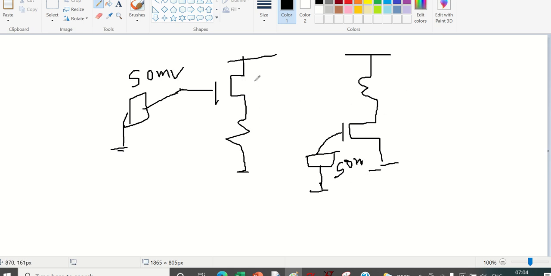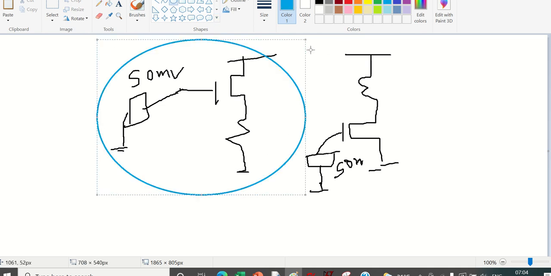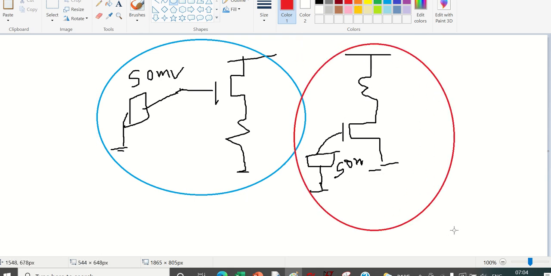So now which one is better? Let me show the blue one or the red one for our case. The right side will be NMOS and the left side will be PMOS. Can I apply 50 millivolts?